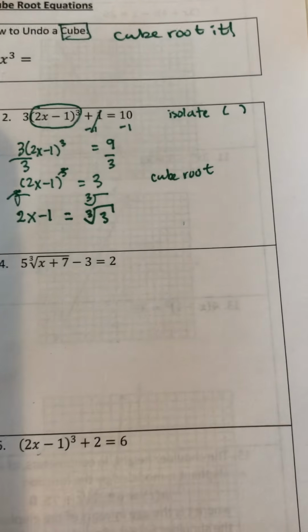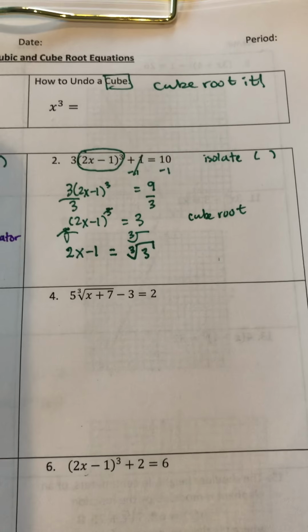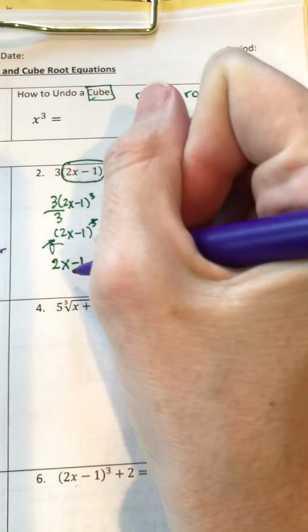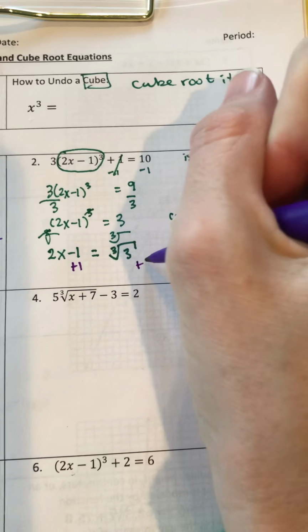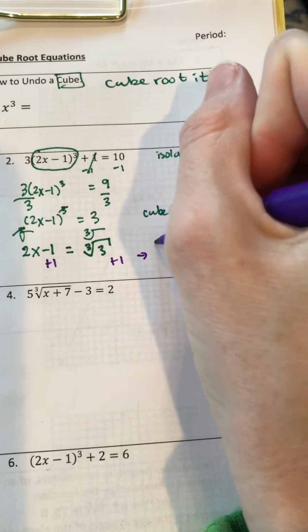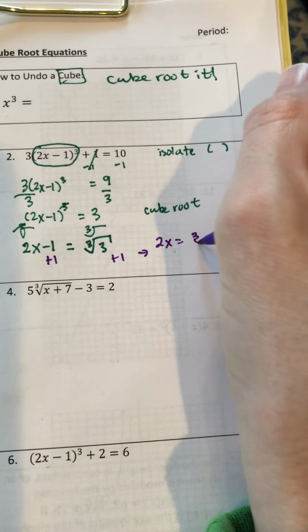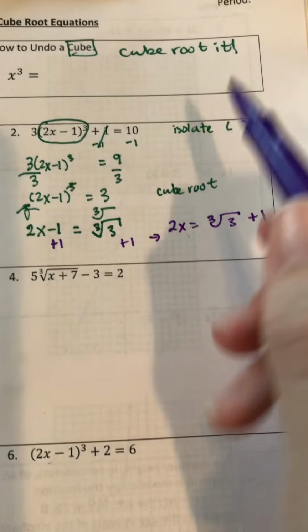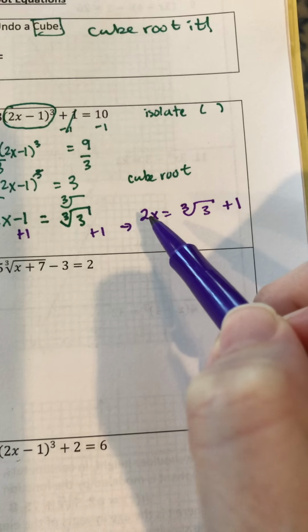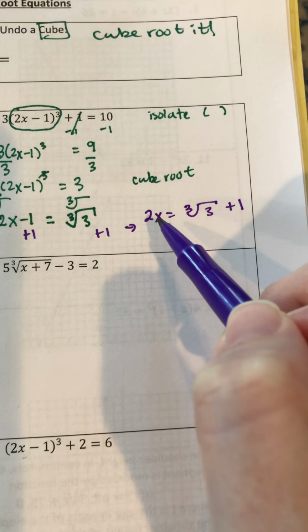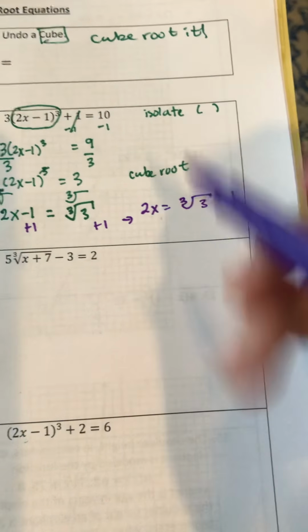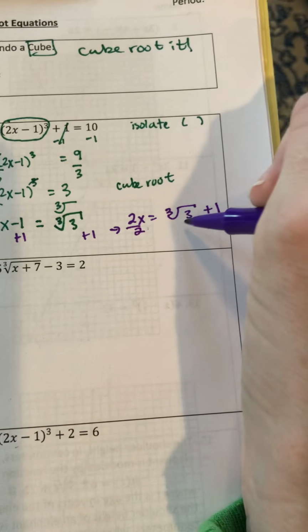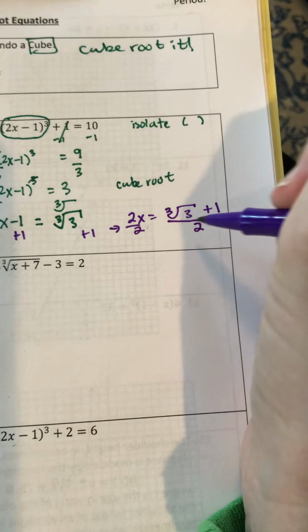So I'm going to switch to purple for the solving for x part. I would add 1 to both sides. So now I'll have 2x equals the cube root of 3 plus 1. And then to finish getting the x by itself, I would need to divide both sides by 2.